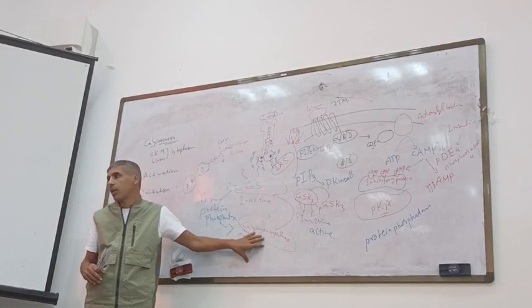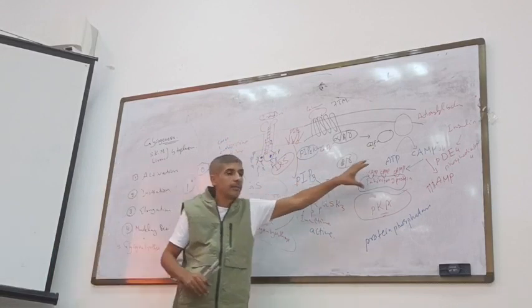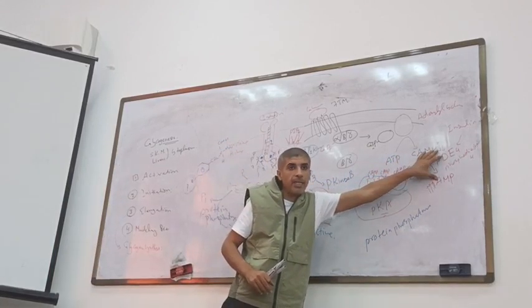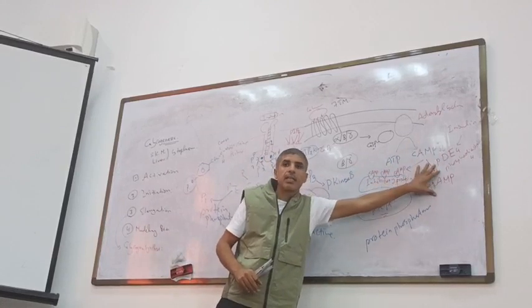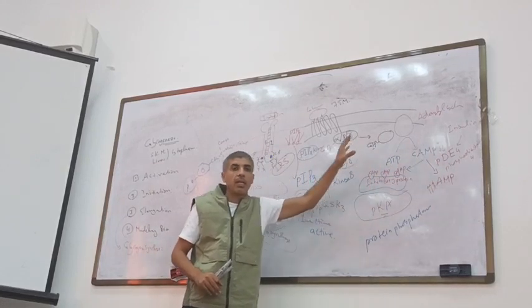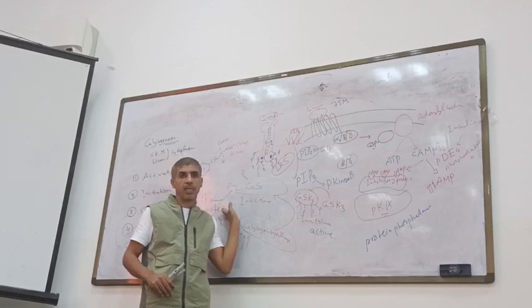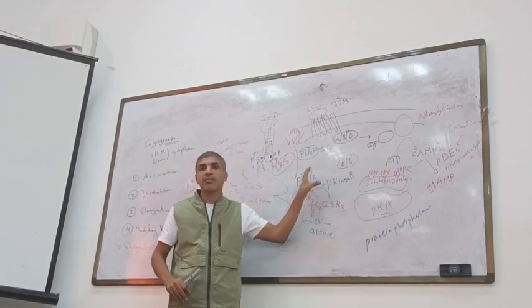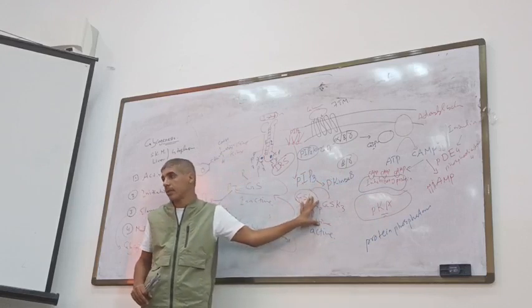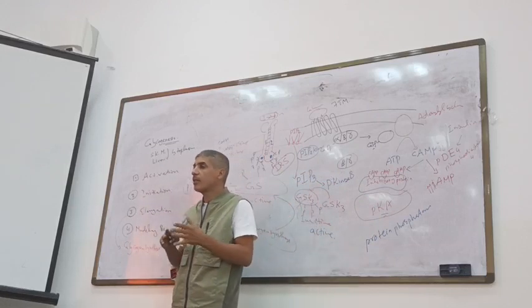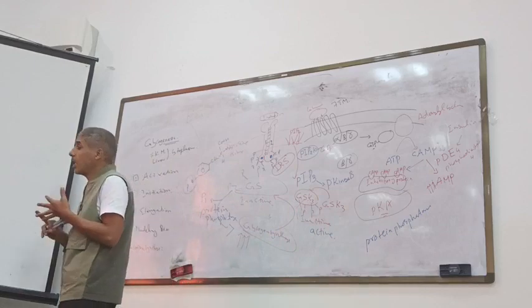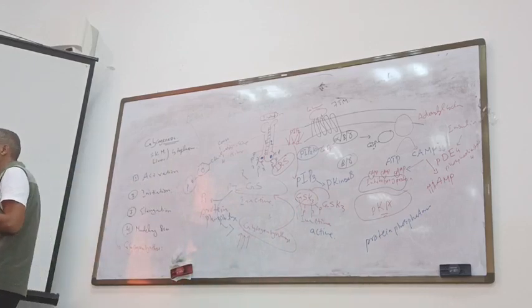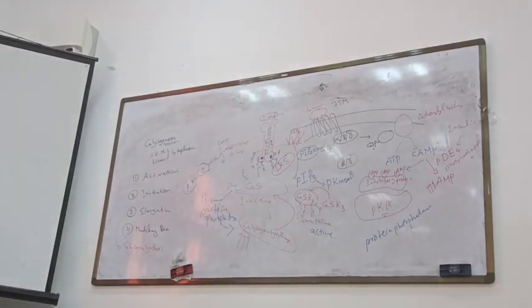Activation of regulatory enzyme: decreasing cyclic adenosine monophosphate, activating protein phosphatase, inhibiting protein kinase A, and activating protein kinase B. This is the insulin effect. So number one, availability of substrate, and insulin presence.